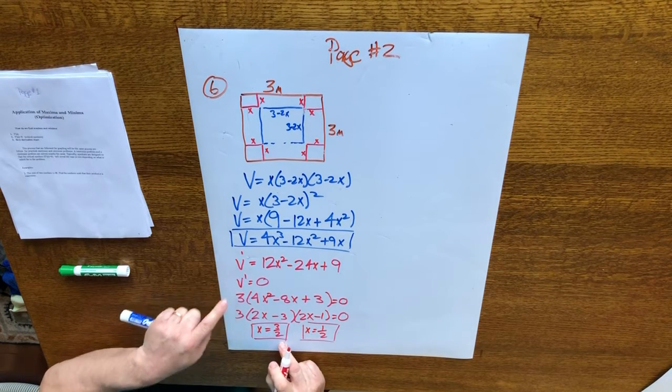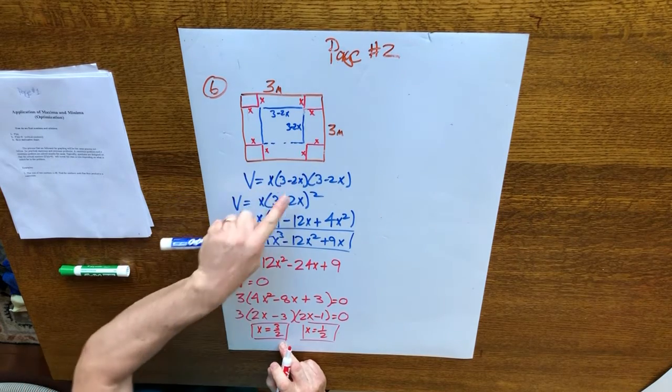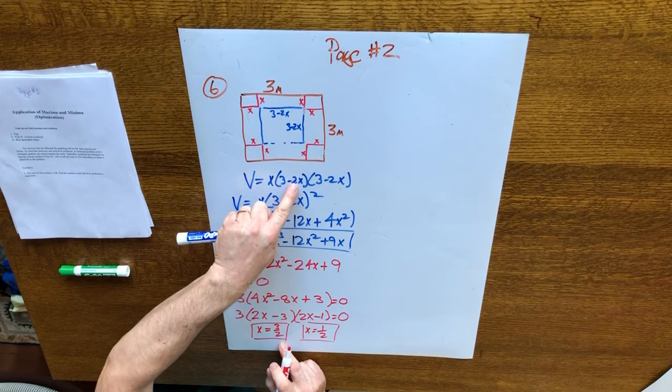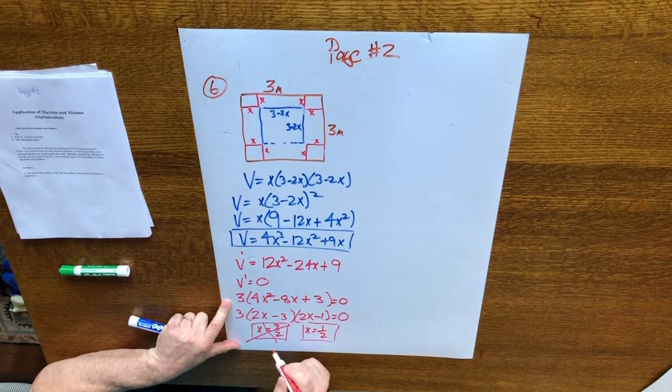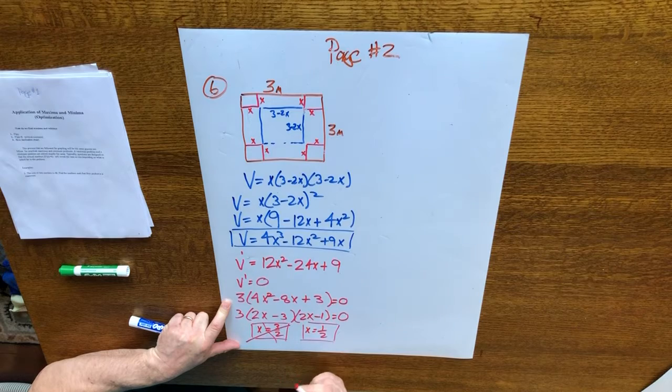X equals 3/2. If you put that into these dimensions right here, 1.5 into this dimension will make 3 minus 3, which gives you 0. So we reject this one because it makes the volume a minimum where the length and the width dimensions are going to be 0.